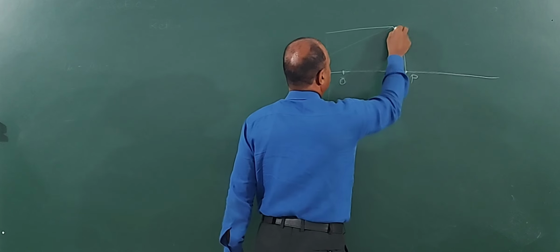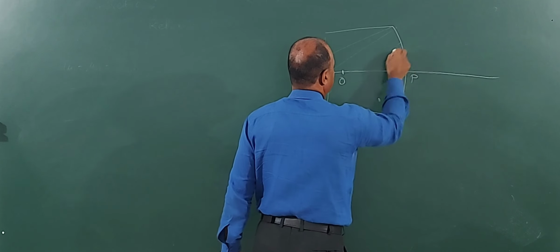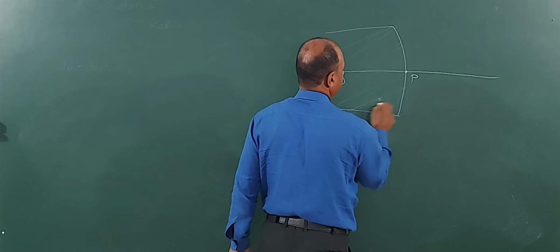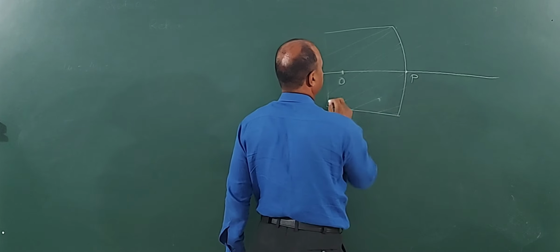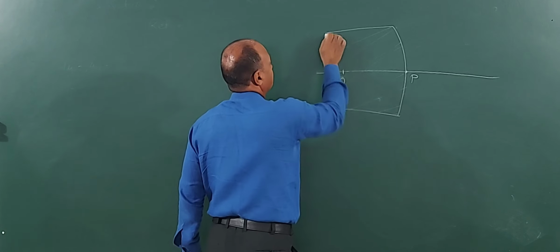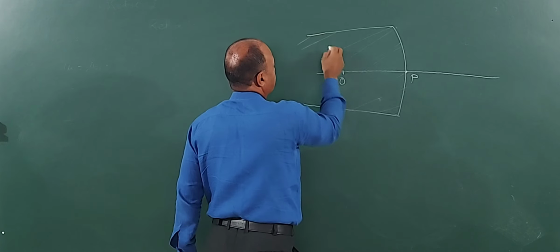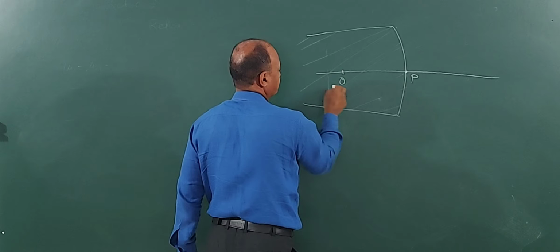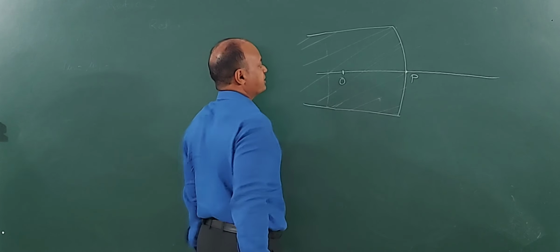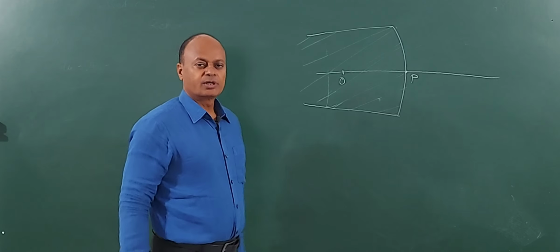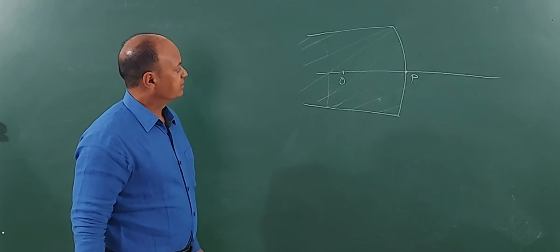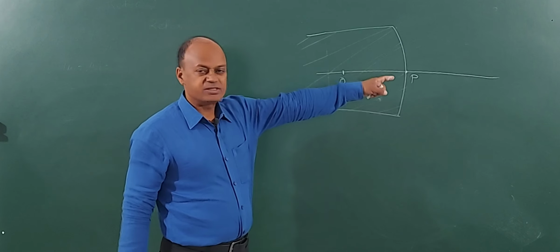This is the convex curved surface, and the object is kept in the denser medium. So, if the object is kept in denser medium, then children, refraction is going to take place in what medium?